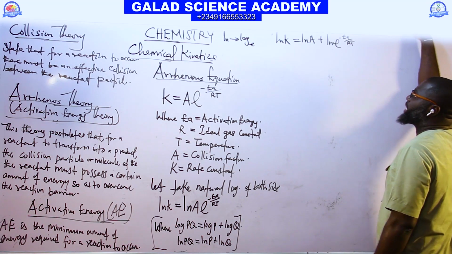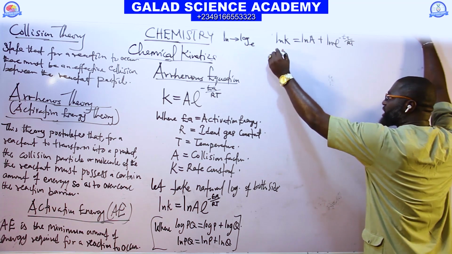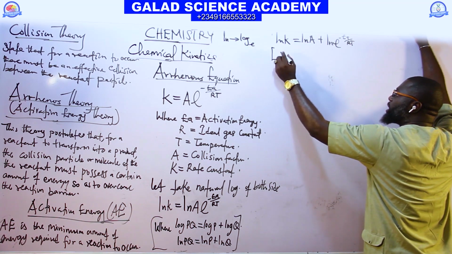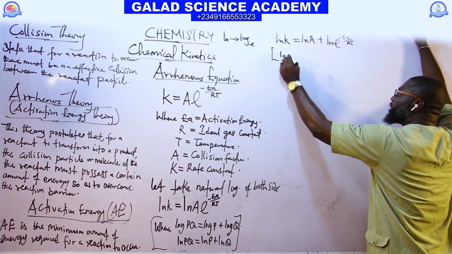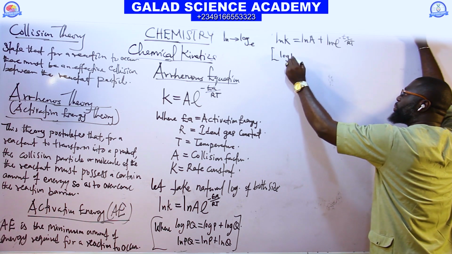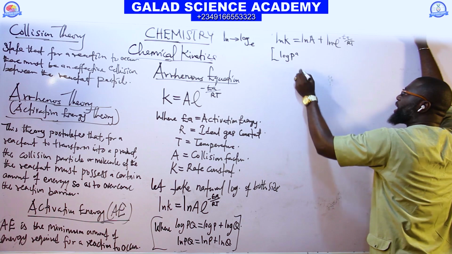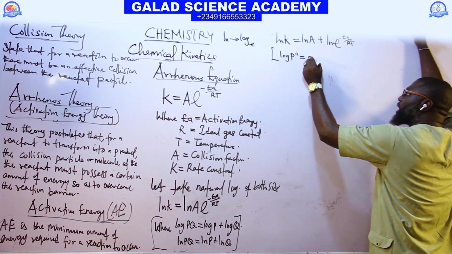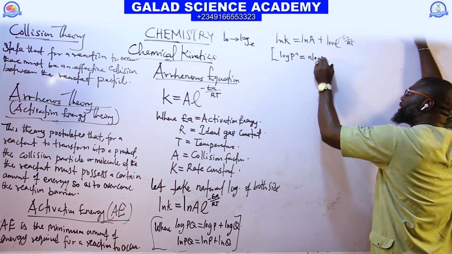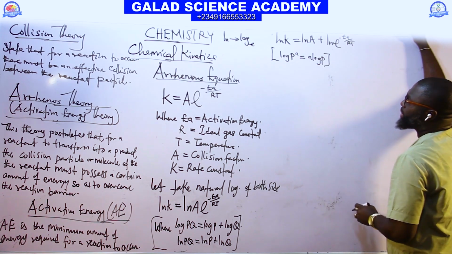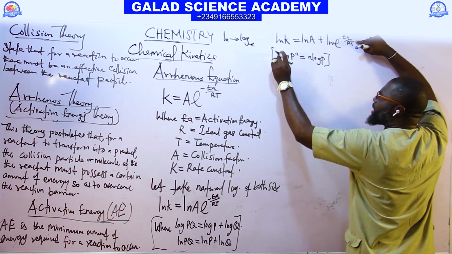And the next thing we need here now is, from the law of logarithm again, let me borrow this. If you have logarithm of P exponential a, it is the same thing as a log P. So let us apply it here.